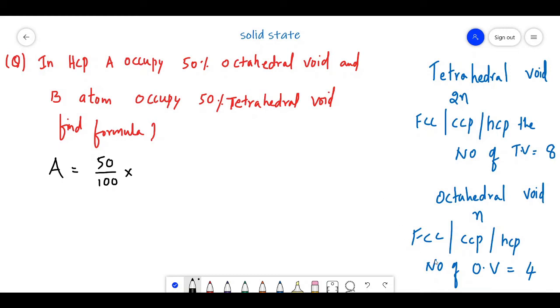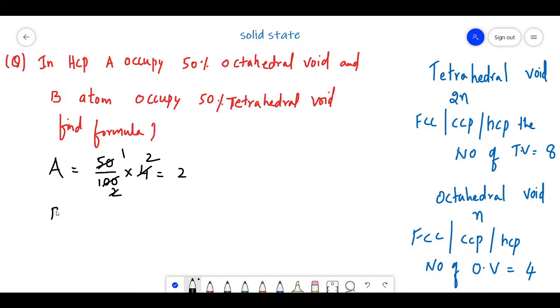In HCP, the octahedral voids are equal to 4. So we can write here 50 by 100 into 4, and finally we get 2.